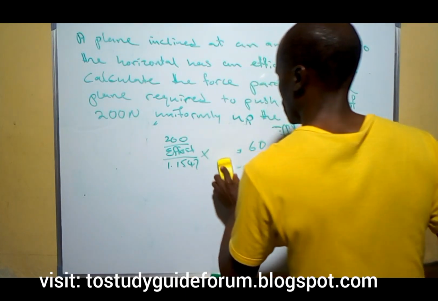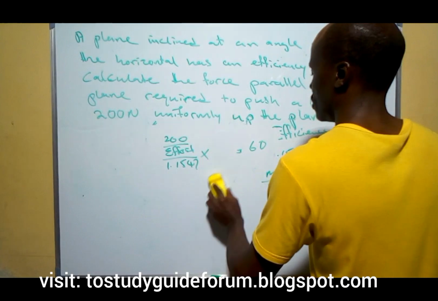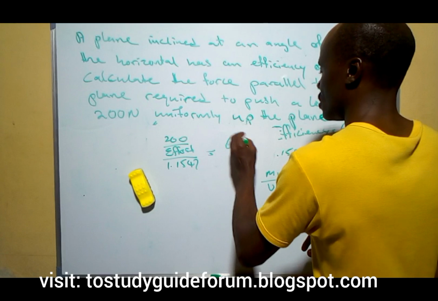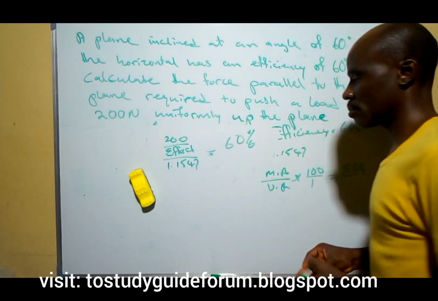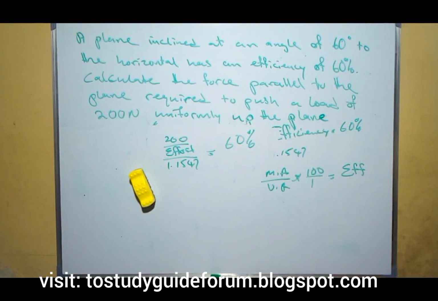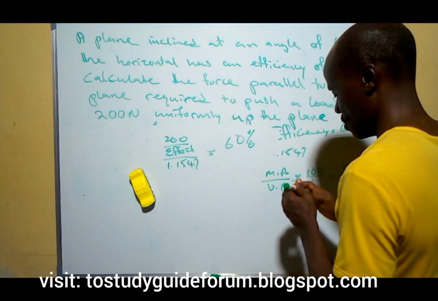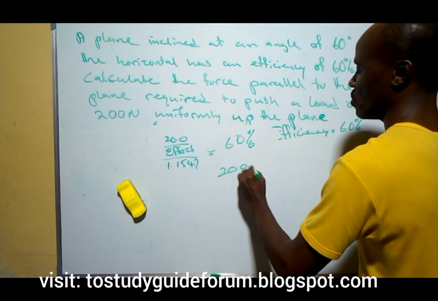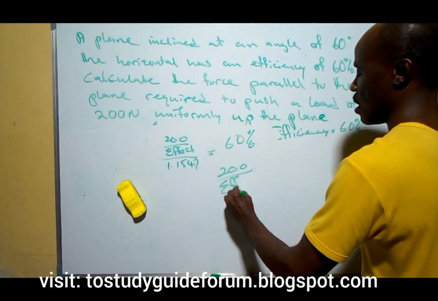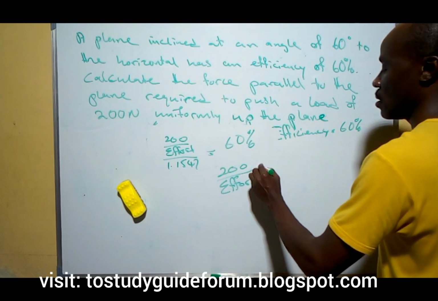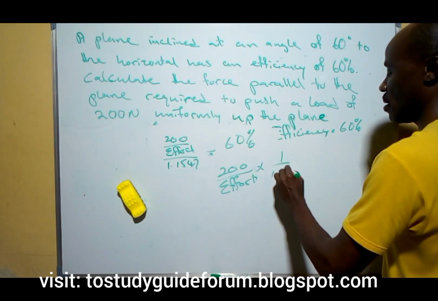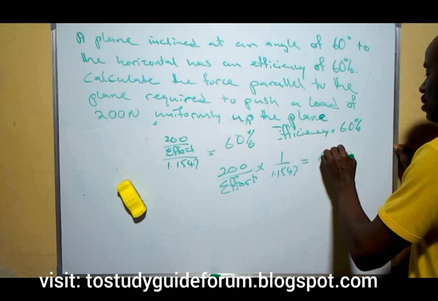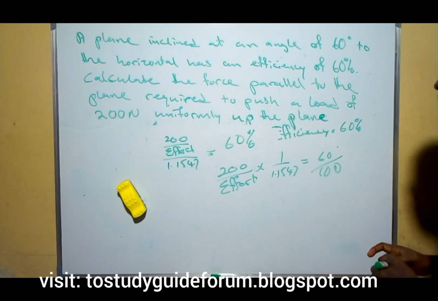What we can do here is, since what we have here is 60%, remember that we can also work on this. We have 200 and our effort times 1 over 60 over 100.